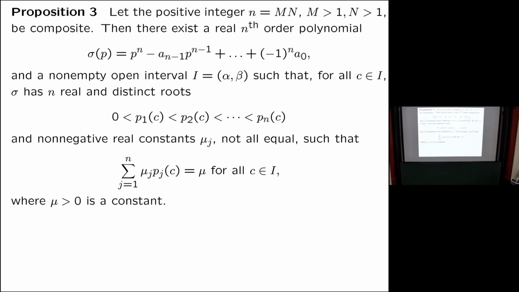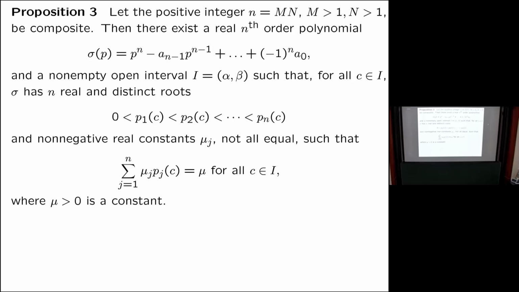So here's a proposition. Suppose that n is a composite integer, so it's equal to the product of two integers strictly bigger than 1, capital M and capital N. Then there's a real nth order polynomial and a non-empty open interval such that in that interval sigma has n real and distinct roots, p1 up to pn, and there are non-negative real constants mu j, not all equal, such that the sum of mu j pj is constant.